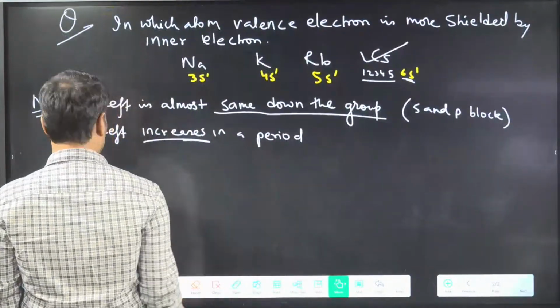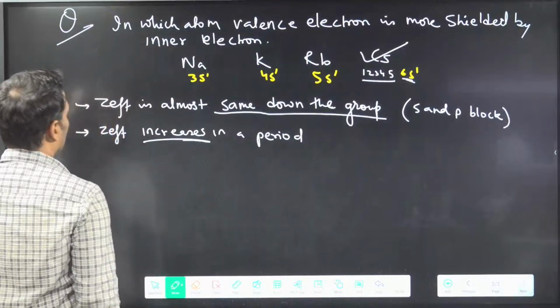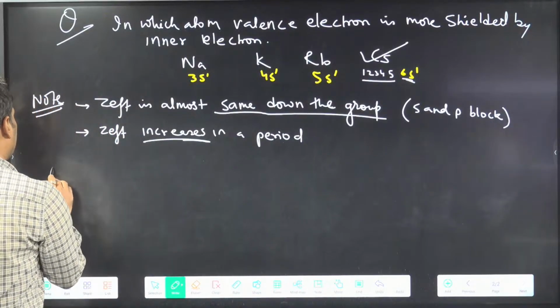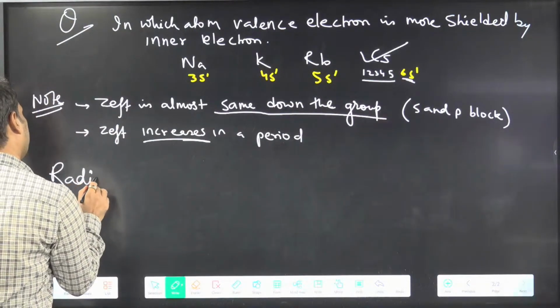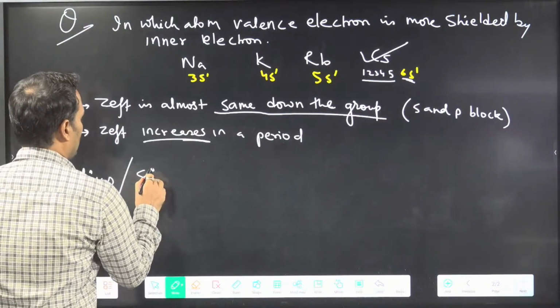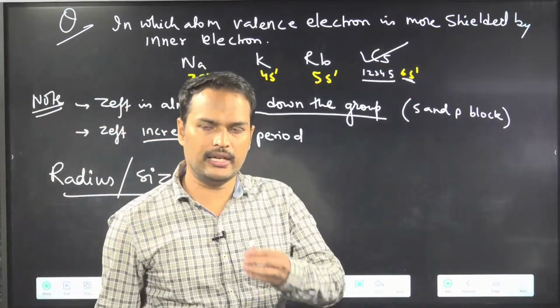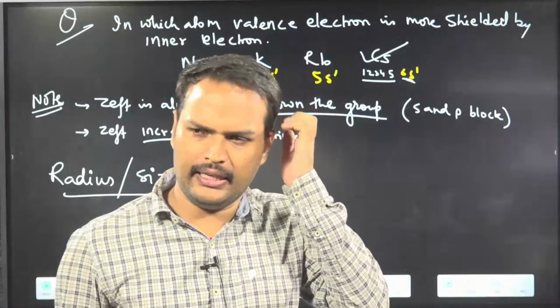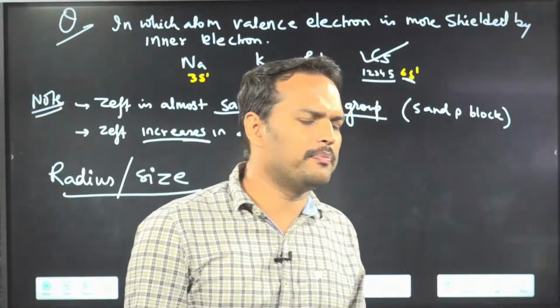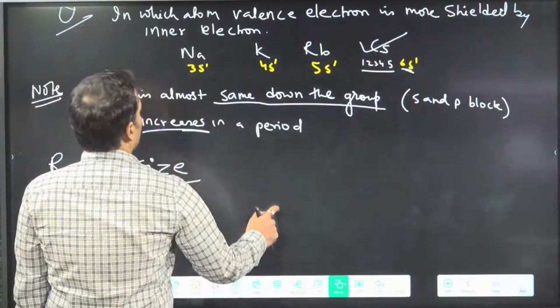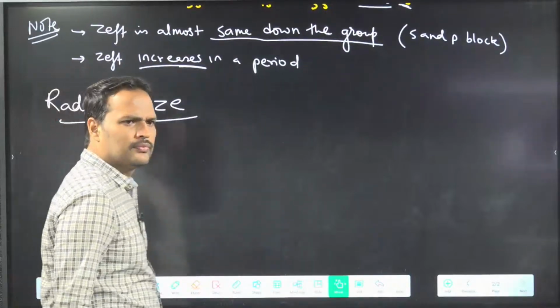Now let's move forward. Come to the next heading now. Now we will study about the radius, the radius or the size part. Everyone see here? You will say, sir, very easy.